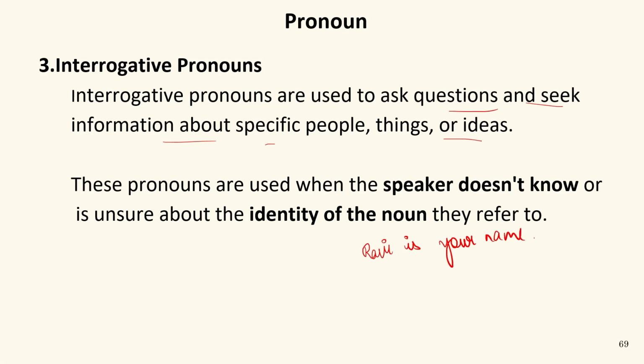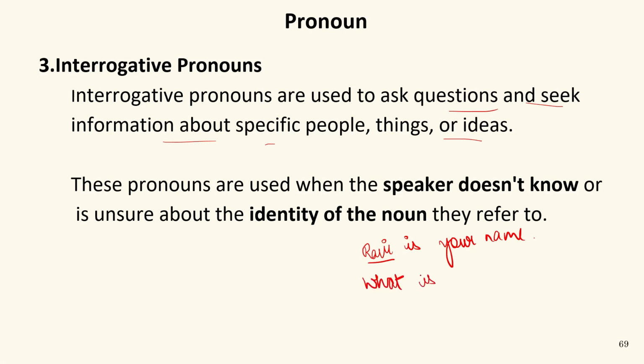It means in this sentence we can easily conclude that the name of the person is Ravi. Now, I'm talking to you right now and saying that your name is Ravi. Now if I ask you, what is your name?